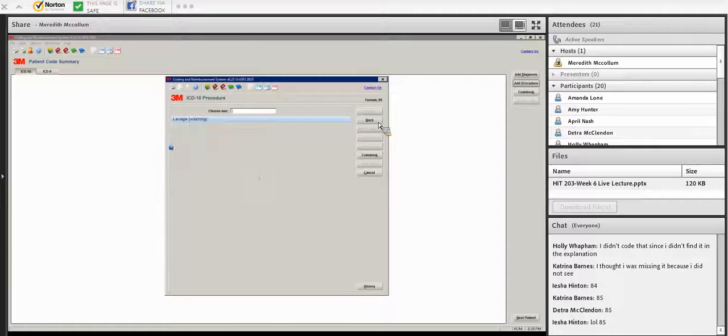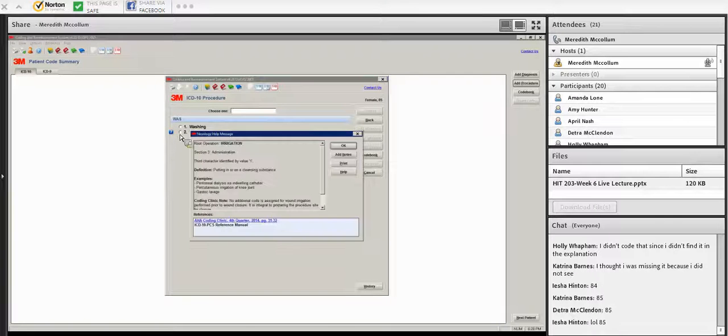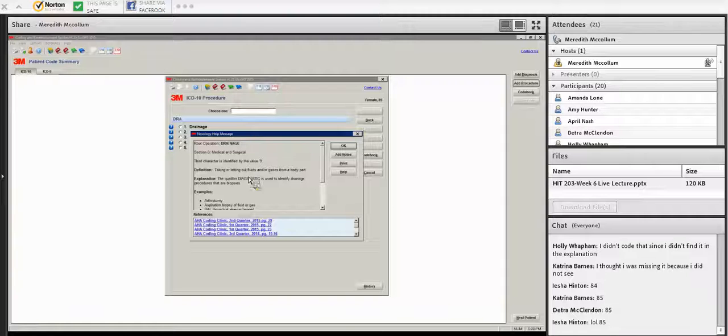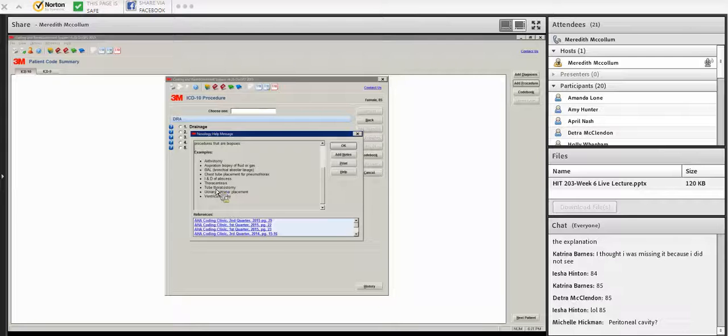irrigation. Hold on one second. Irrigation is putting in or on a cleansing substance. Peritoneal dialysis. Wound irrigation. Interesting that it comes up drainage. Drainage: taking or letting out fluids and or gases from a body part. I disagree with this code that they have.